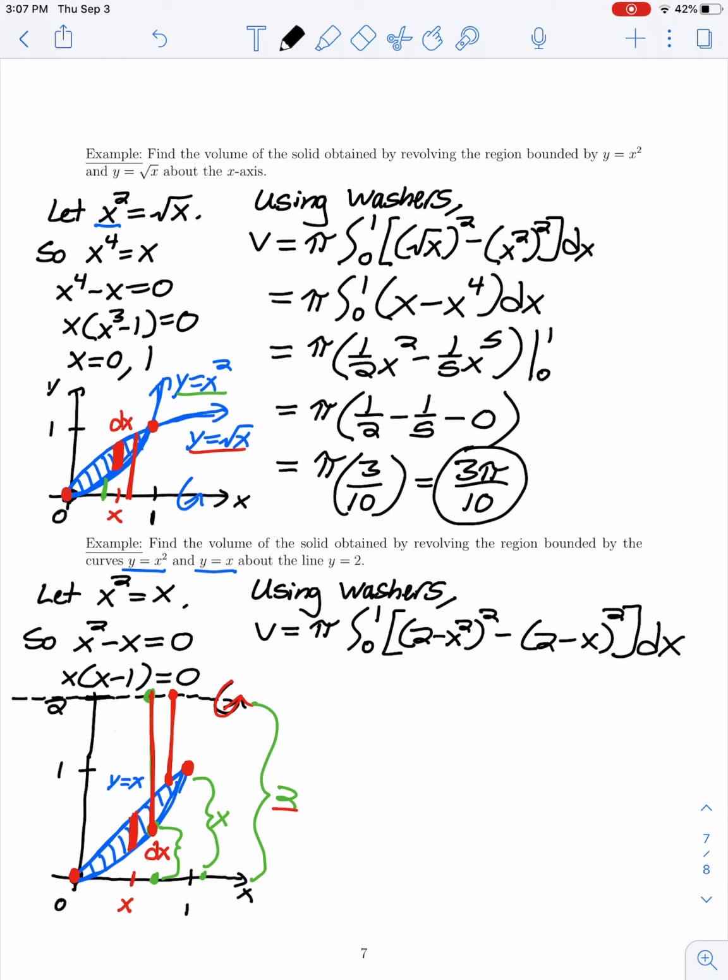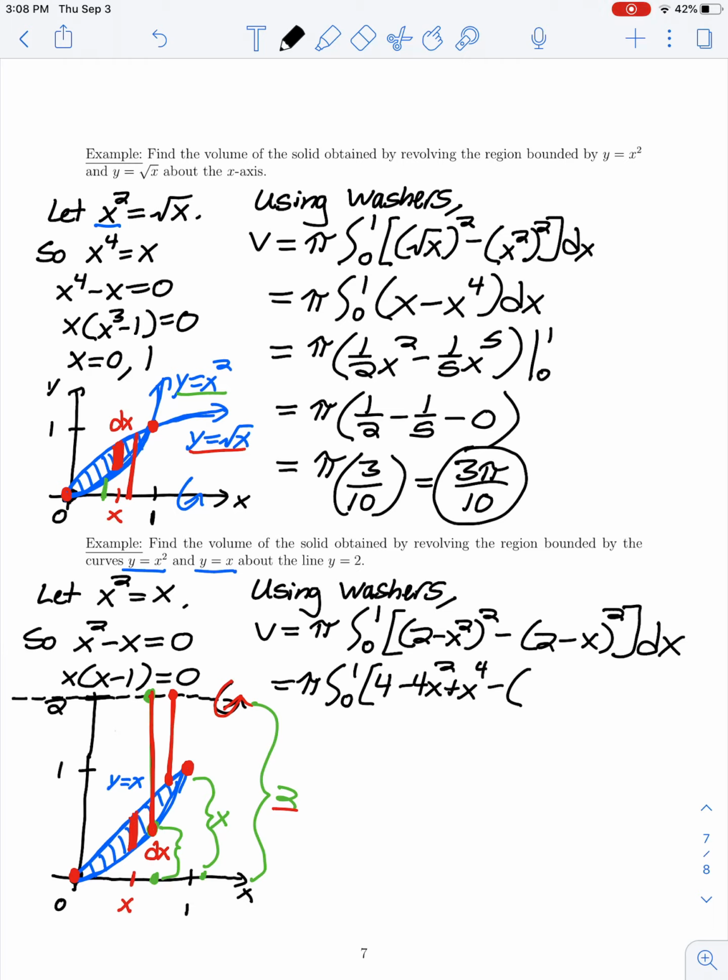So once I have this integral set up, I need to evaluate it. So let's start by expanding these square terms in the integral. So we've got here pi times the integral from 0 to 1 of, expanding this first term squared, we have 4 minus 4x squared plus x to the fourth.